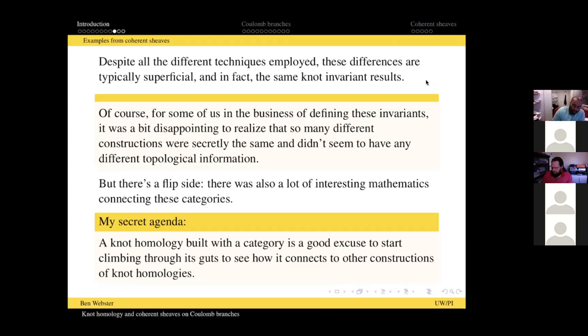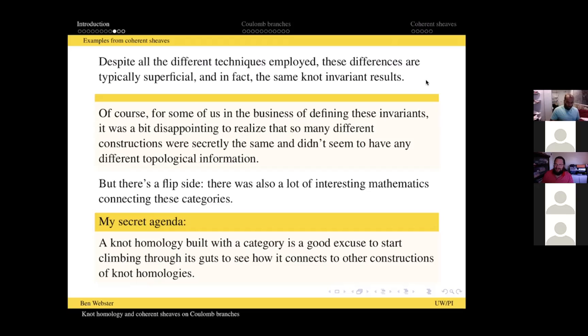Okay, great. So as I said, you could say it's very disappointing that a bunch of these invariants turned out to be the same, but you could also say, oh, it's really exciting that we did these things that look totally different in all these different categories, and yet there's something actually connecting them together.